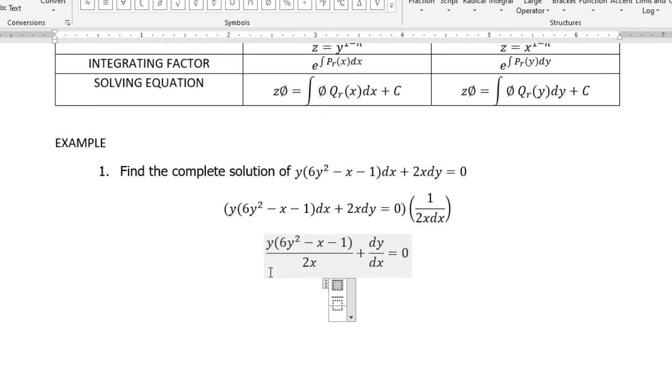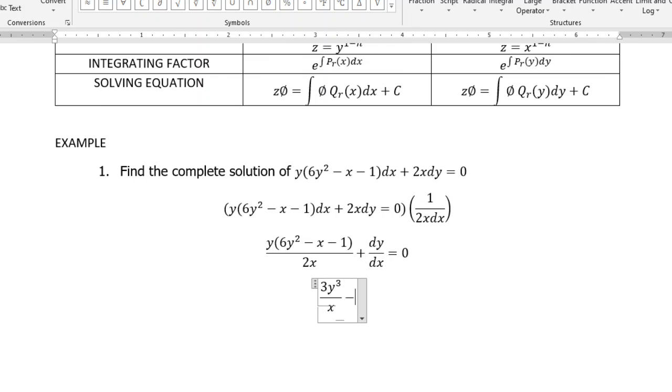So, sa una, distribute natin si y. Y times 6y squared will be 6y cubed. Okay? Pero, divide natin by 2x, 3y cubed over x.